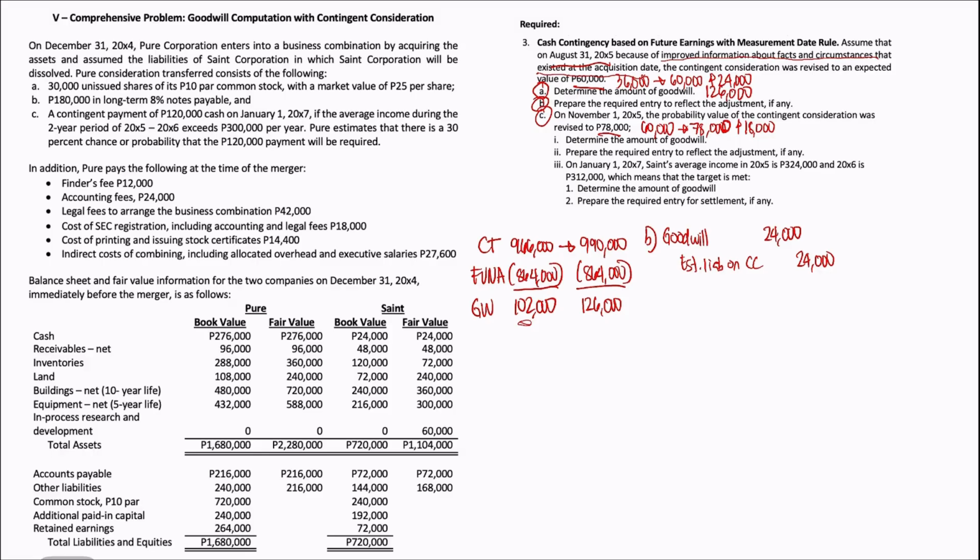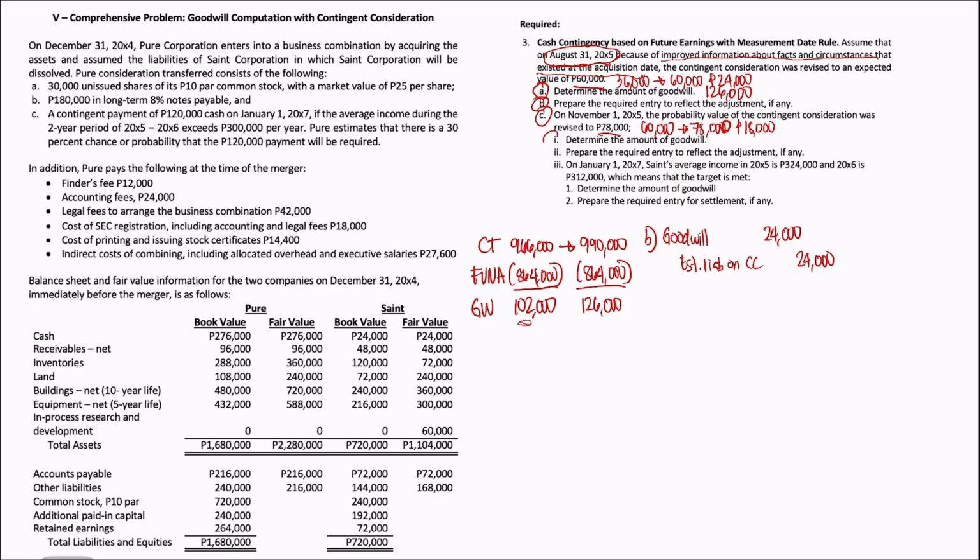However, we will assume that the measurement period has ended on August 1, 20x5, when the acquirer has obtained all the needed information about facts and circumstances that existed at the acquisition date. Hence, the $18,000 is not anymore adjusted to goodwill.